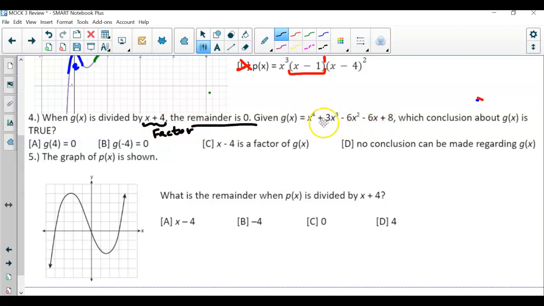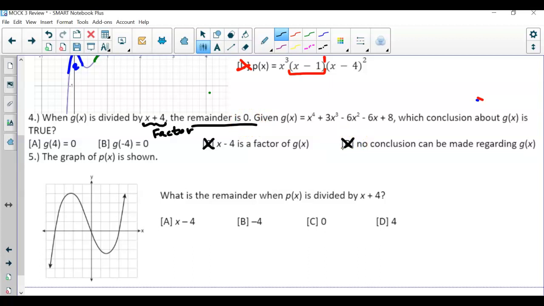Given that this polynomial here is our polynomial, which conclusion about g of x is true? Well, I can mark off C because it says x minus 4 is a factor, but we know x plus 4. Technically, we can make a conclusion about this because we have enough information to say that this polynomial divided by x plus 4 gives me a remainder of 0.